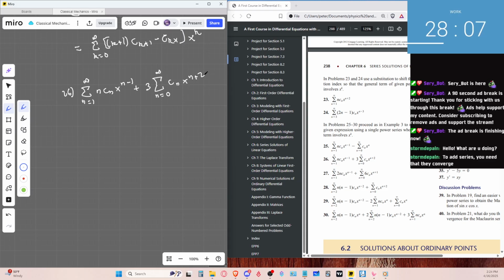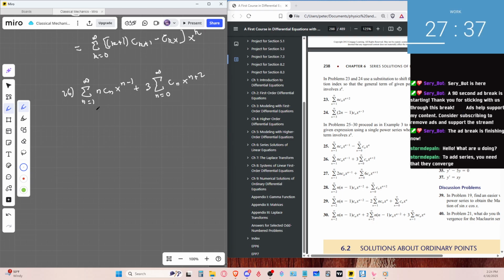To add series, you need that they converged. Yeah. Okay, so it looks similar to the way we had it before. So we just have to change the indices in this one too. But this one basically has n plus 2 and n minus 1 for the x.